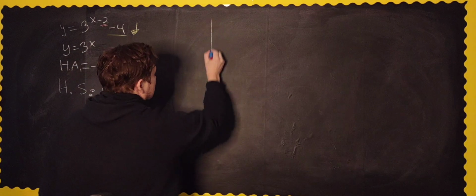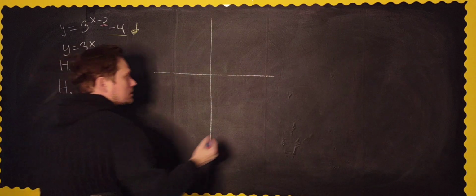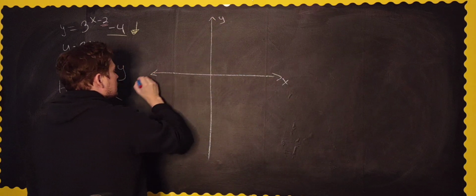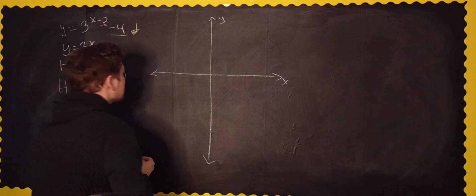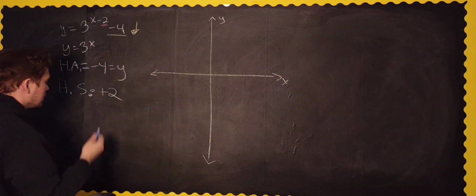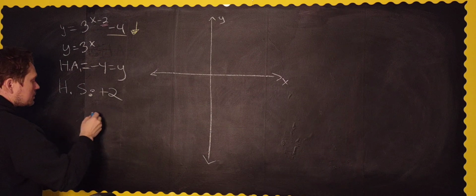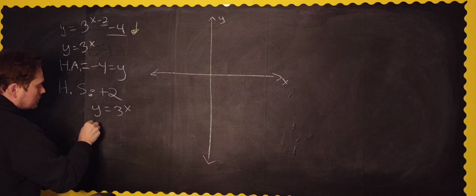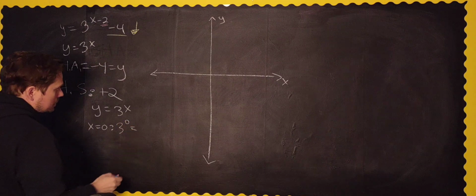So let's look at a graph here. It looks like this and like this, basic set of axes. So x and y. All right, now take your basic 3 to the x curve. Let me show you a couple points on it that's useful. Using y equals 3 to the x, when x is 0, we have 3 to the 0, which is 1.